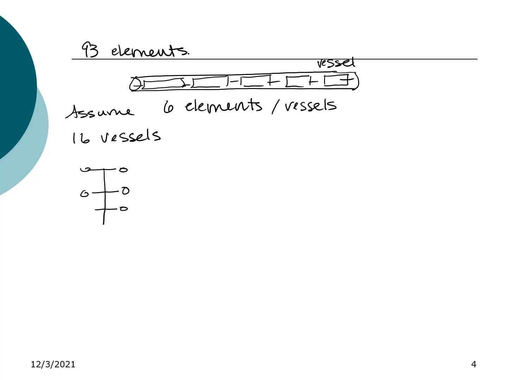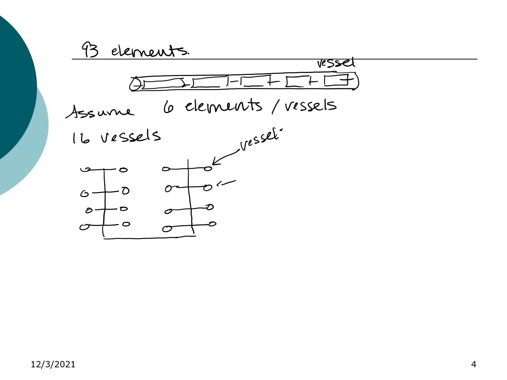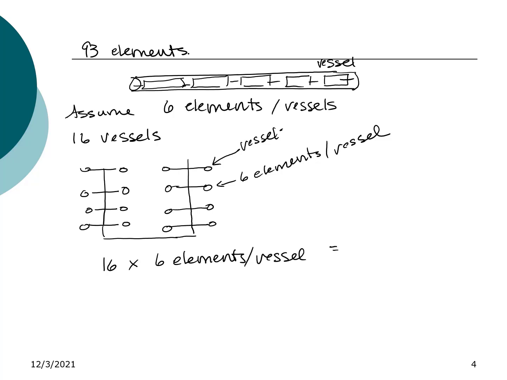Each one of these circles is a vessel, and we have 6 elements per vessel, and we have a total of 16 vessels times 6 elements per vessel, and we have 96 elements.